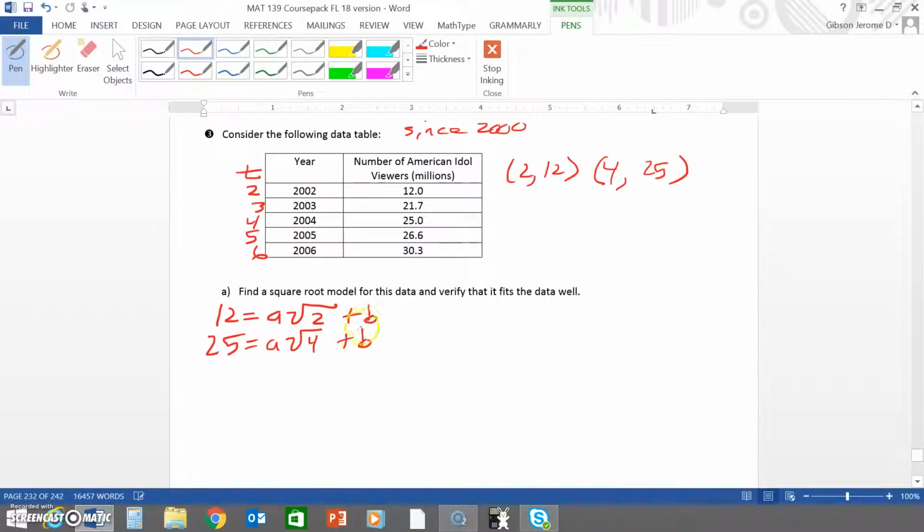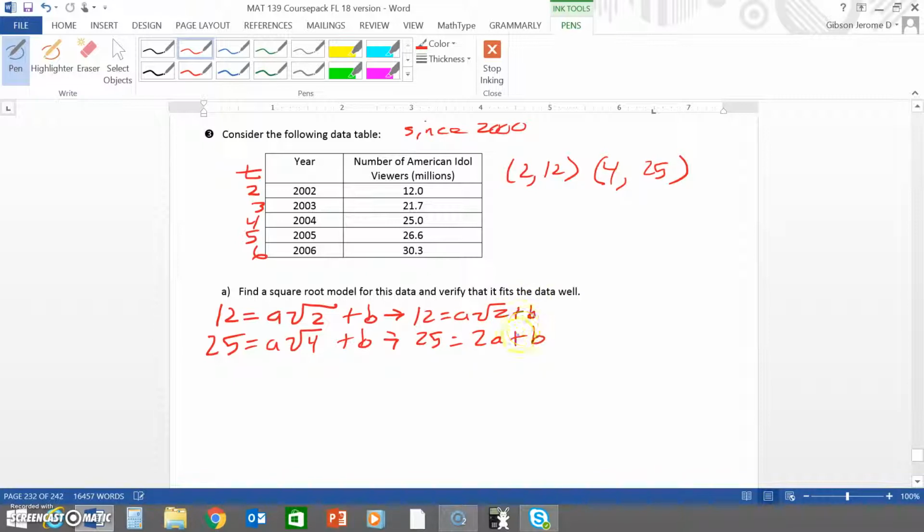Now, we know here that this is just going to lead to what we already had. 12 is equal to A times the square root of 2 plus B. Now here, this is going to lead to 25 is equal to 2A plus B. Now again, we'll decide which one of these variables we want to get rid of.